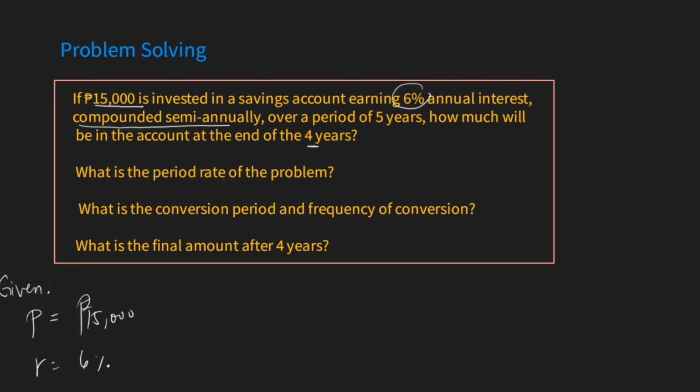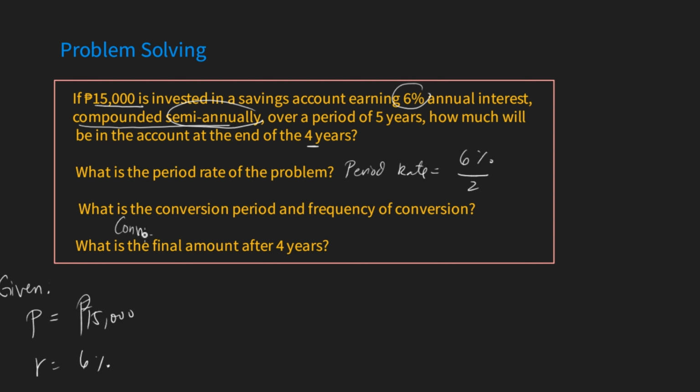Now, what is the period rate of the problem? Again, the formula for period rate is the nominal annual rate divided by the frequency of interest. So the period rate is equal to 6% divided by 2. Why 2? Because this is semi-annually.